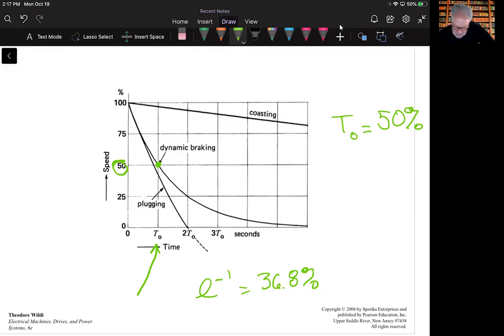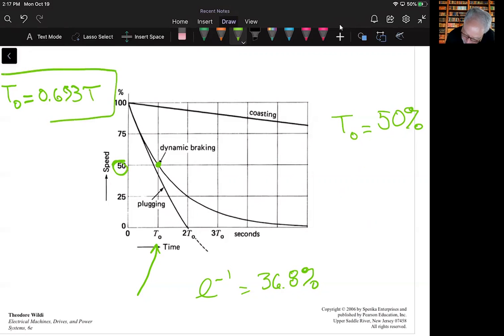And we can easily adapt this to our electrical machine. Again, we're not going to derive things; that's not our purpose here. We're just going to take this and run with it. This half time constant, T sub O, is 0.693 times the universal time constant.